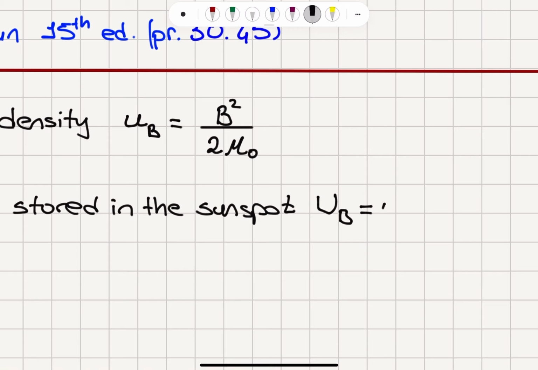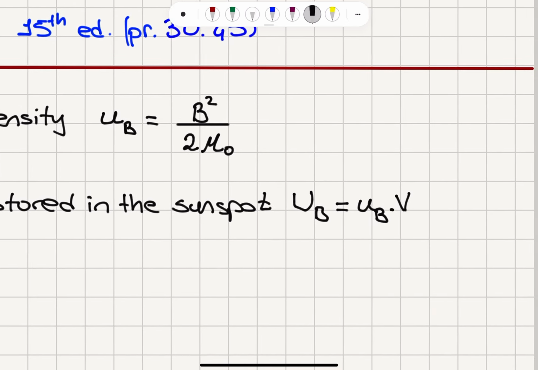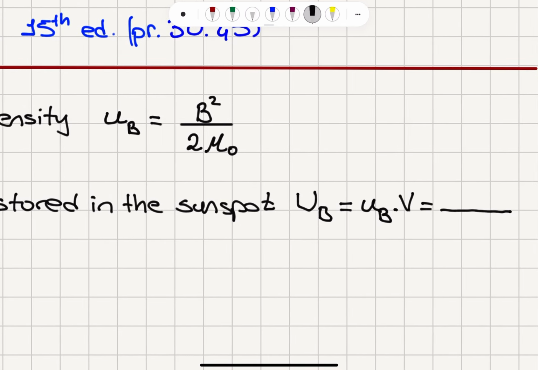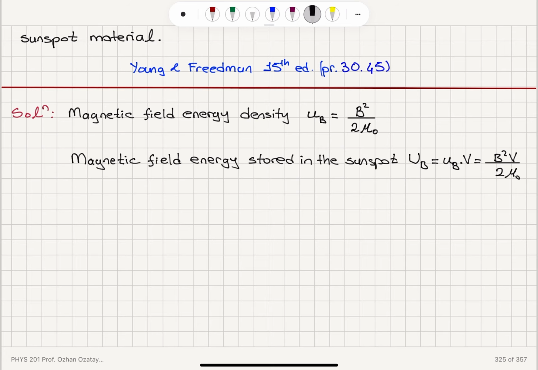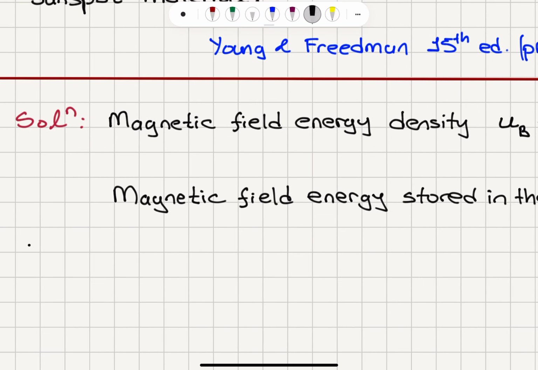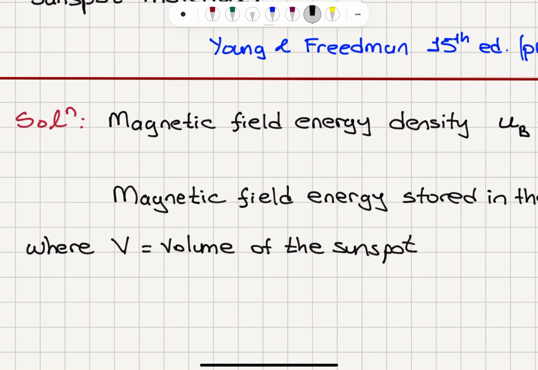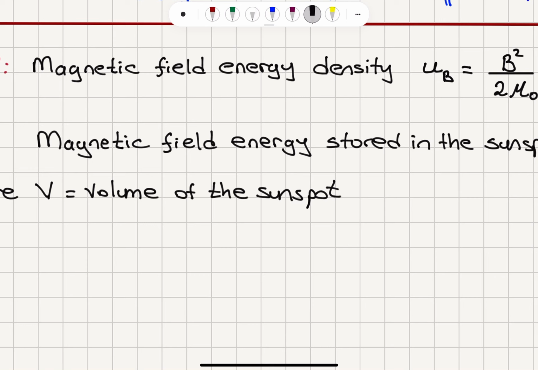That's the energy density, lowercase u sub b, times the volume of the sunspot, which can be written as b squared times volume divided by 2 mu 0. Here V is the volume of the sunspot. The problem suggests we can take 1 meter cube, but as you will see, the volume will actually cancel in this calculation.